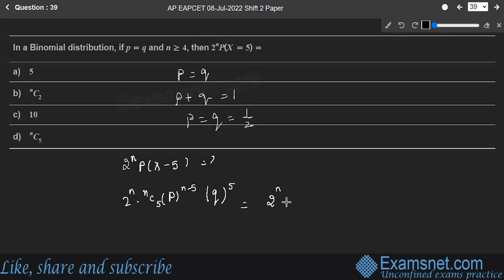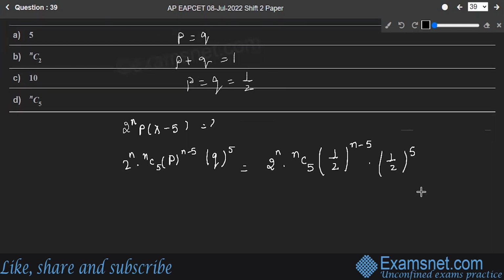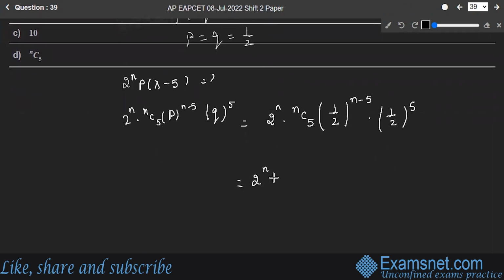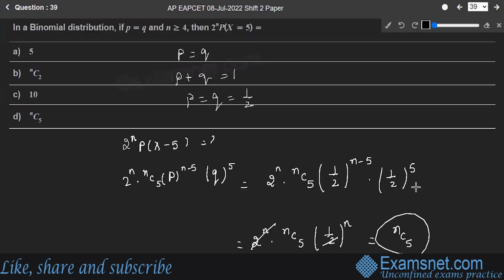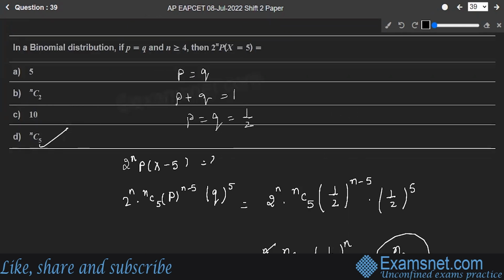This is given as 2 raised to power n into nC5 (1 by 2) raised to n minus 5 into (1 by 2) raised to 5. That is 2 raised to power n into nC5 into (1 by 2) raised to power n, because minus 5 and plus 5 will cancel out. And these two things will cancel out, and you will have nC5 as your answer. Let's check. We have option D as the correct answer to our problem. Hope you're clear.